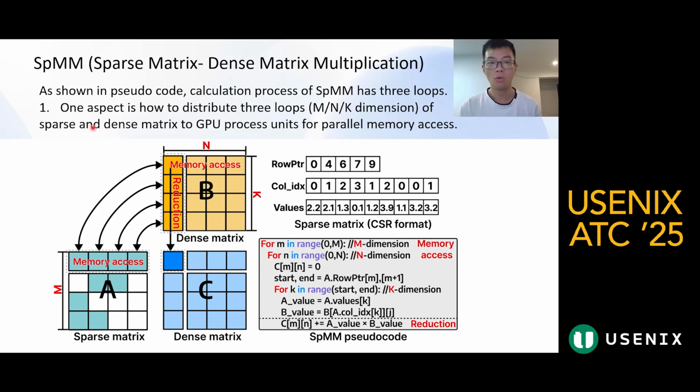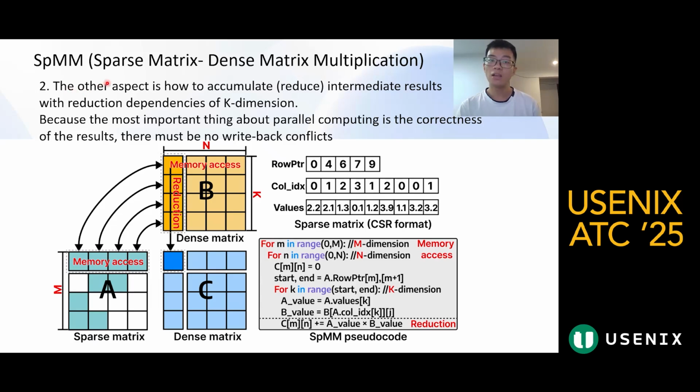One aspect is how to distribute the 3 loops, the M, N, and K dimensions of the sparse and dense matrix, to GPU processing units for parallel memory access. The other aspect is how to accumulate the reduced intermediate results with reduction dependencies of the K dimension. Because the most important thing about parallel computing is the correctness of the results, there must be no write-back conflicts.